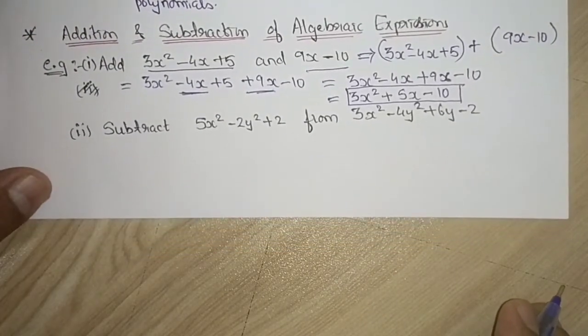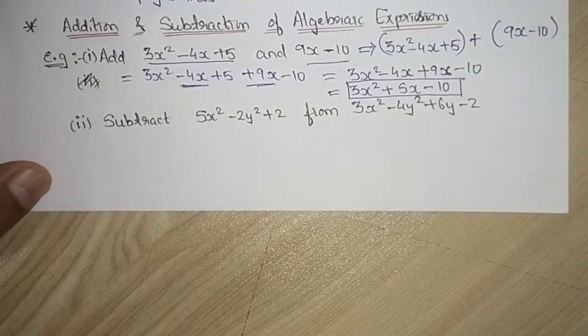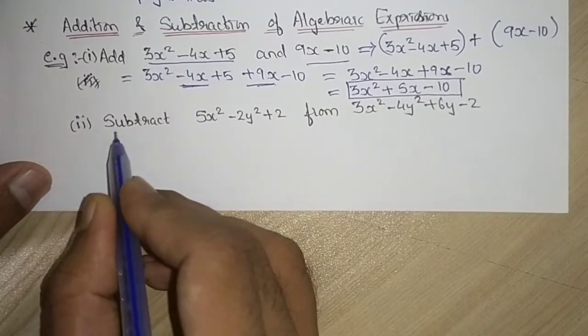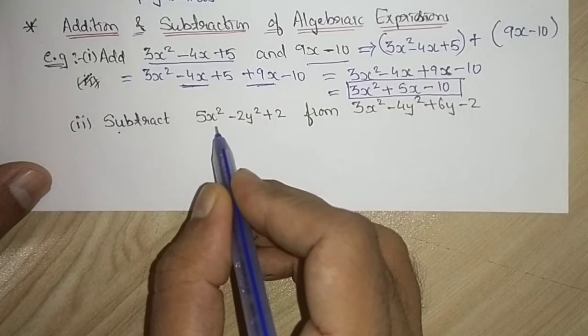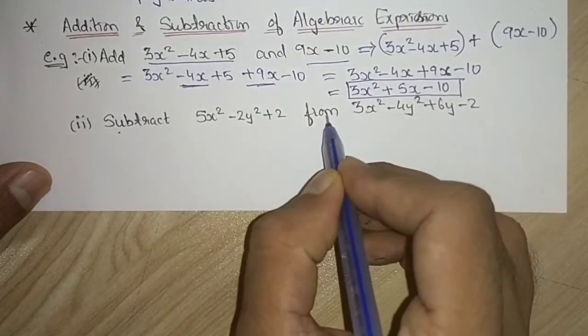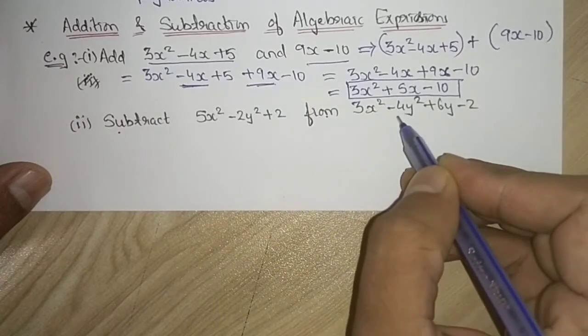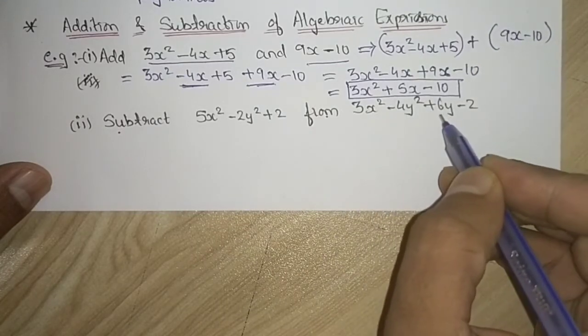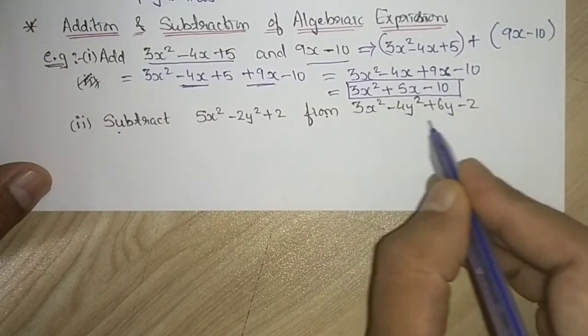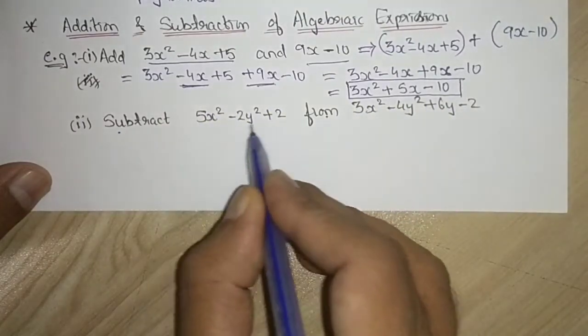Similarly, if they tell you to subtract two expressions, let us see this example. They are telling us to subtract 5x square minus 2y square plus 2 from 3x square minus 4y square plus 6y minus 2. That means from this expression they want us to subtract this.